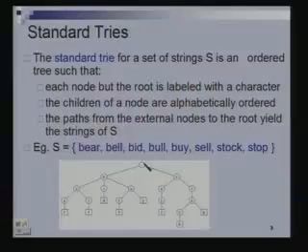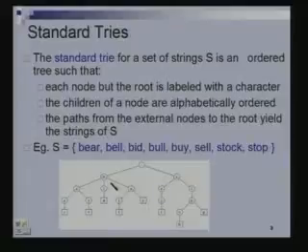So one way of organizing it is that each node has an array of size 26 sitting inside it, and the first location of the array points to the node corresponding to A, second to the node corresponding to B, third to the node corresponding to C, and so on. If you organize it as an array, you waste space.